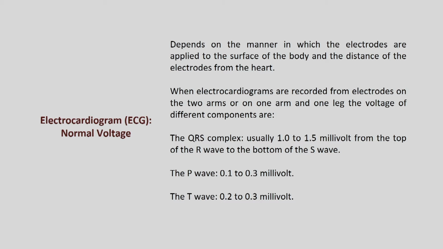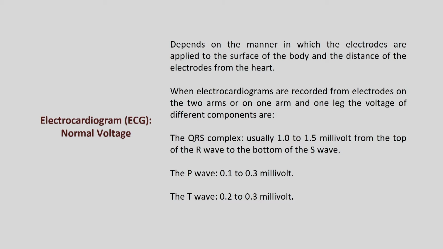This is the recording if your heart function is normal. For the P wave, it is 0.1 to 0.3 millivolt, whereas for the T wave it is 0.2 to 0.3 millivolt. This is the normal range.